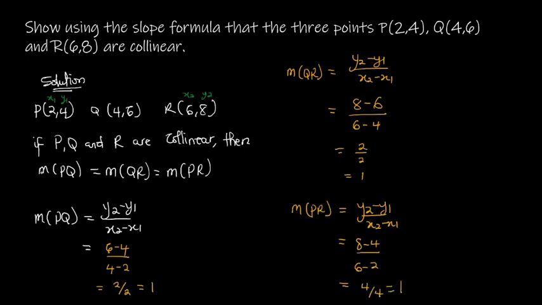So we can see that the gradient of the point PQ is 1, which is equal to the gradient of the point QR, which is also 1, and which is equal to the gradient of the point PR, which is also 1.